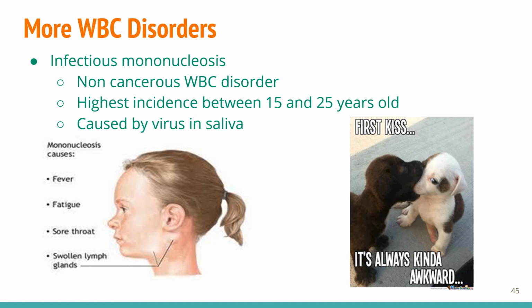Okay, so again, some other disorders of white blood cells. You've probably heard of mono. It's definitely non-cancerous. Highest incidence between the ages of 15 and 25. It's caused by a virus in the saliva. It's easily transmittable. They present with fever, fatigue, sore throat, rash, enlarged lymph nodes, and your spleen's enlarged, and it can last for about 4 to 6 weeks.